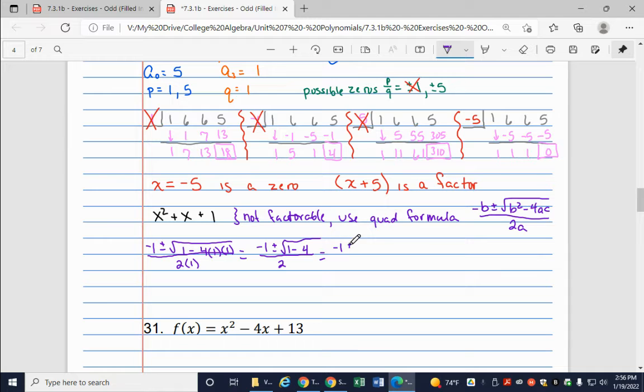Negative 1 plus or minus the square root of 1 minus 4, which is negative 3, over 2. I'm going to divide this into the two fractions. So negative 1/2, plus or minus the square root of negative 3 over 2.